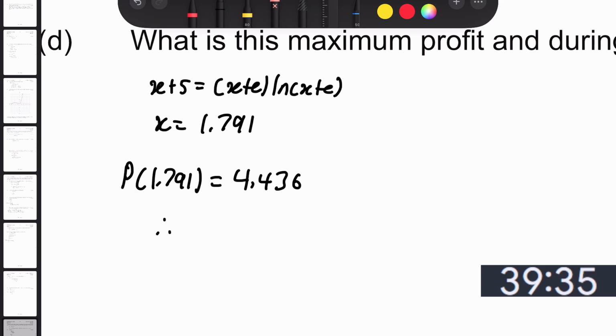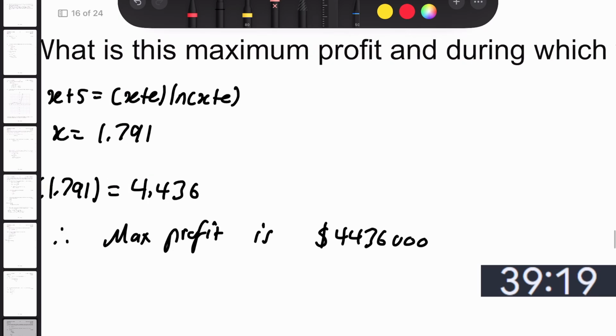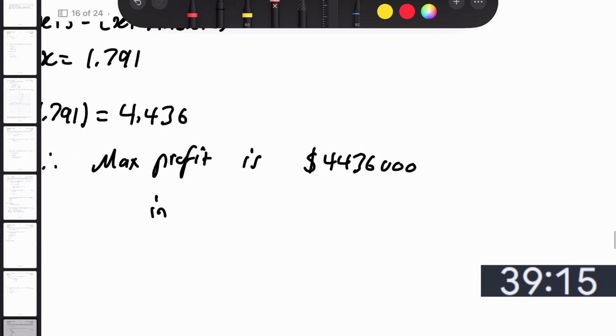Therefore, max profit is 4436123 in the second week.